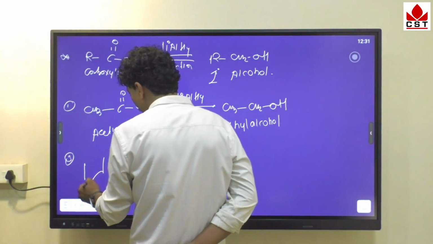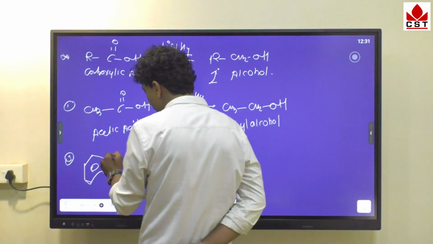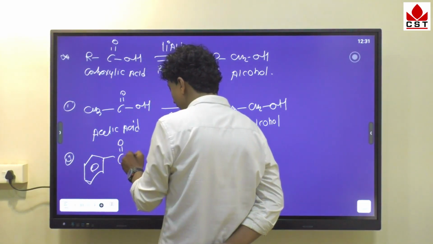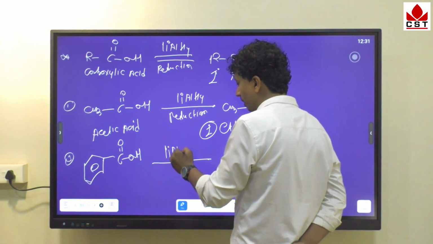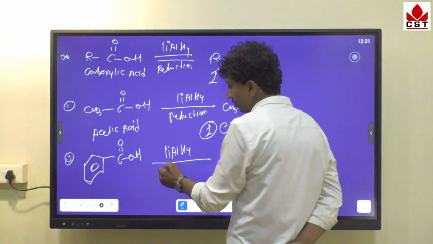What about another example? The ring with C double bond O, OH, and lithium aluminum hydride.